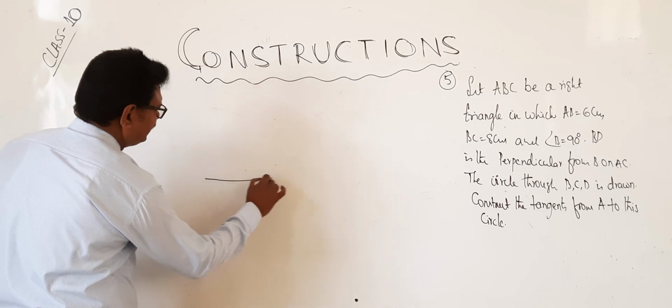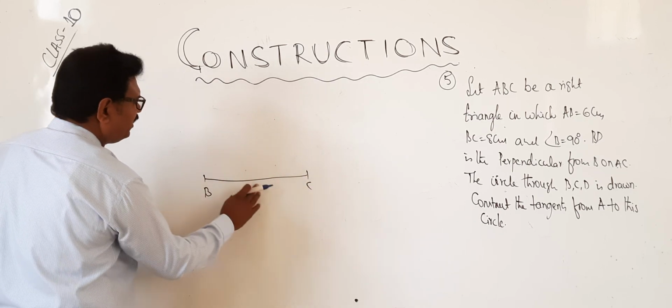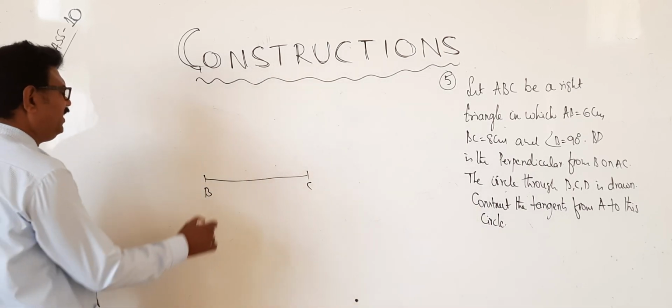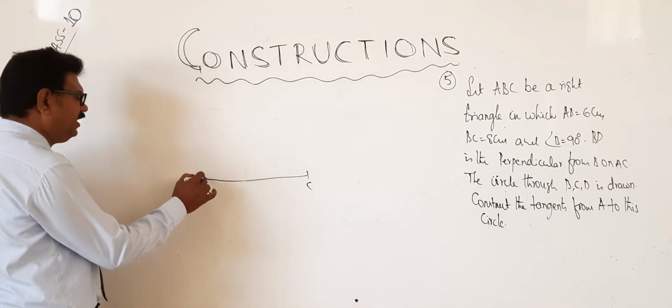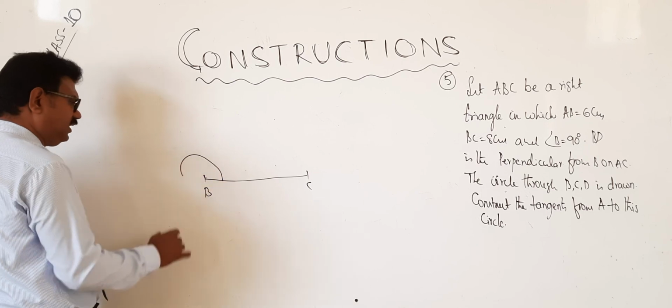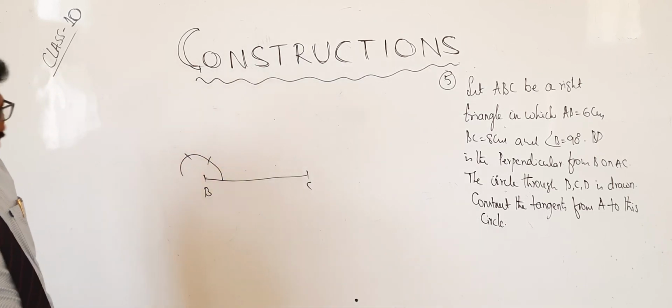Now BC as the base means first draw line segment BC. After joining this, we have to construct angle B 90 degrees. 90 means very simple. Take any radius with your compass and divide this into 3 equal parts.